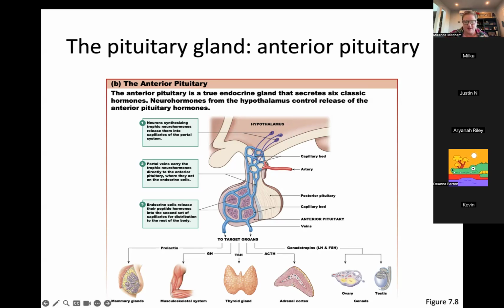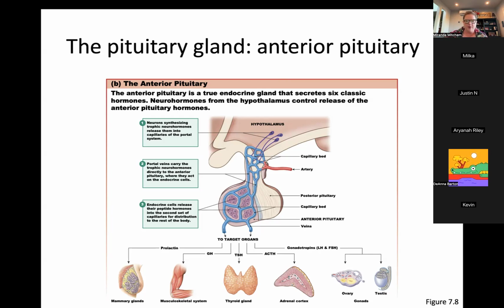Men, for example, don't produce the ovarian hormones, and women don't do the other one. So there are different neurons that activate either prolactin or growth hormone or ACTH. Kind of wish they would have drawn them with different colors because it makes them look like they're all the same. Does that make sense to everyone?